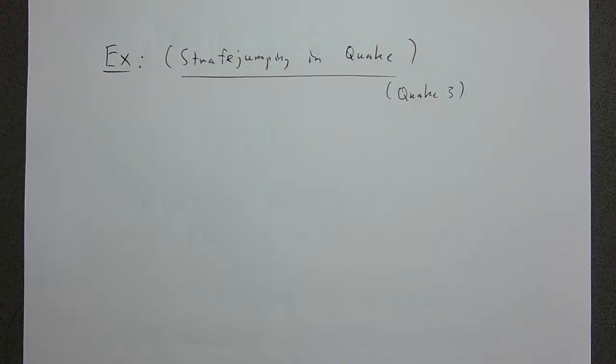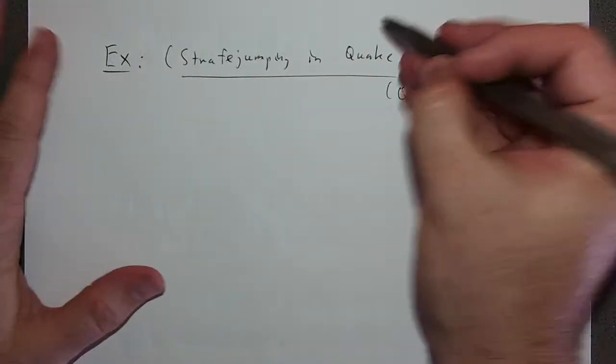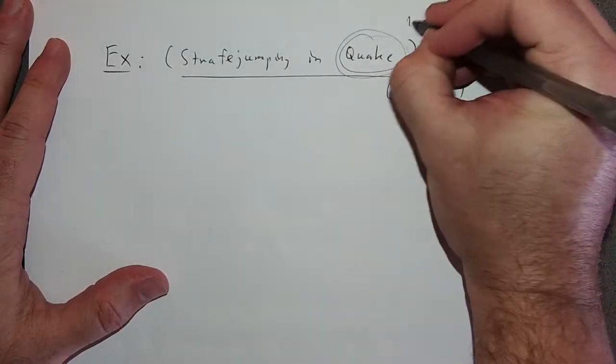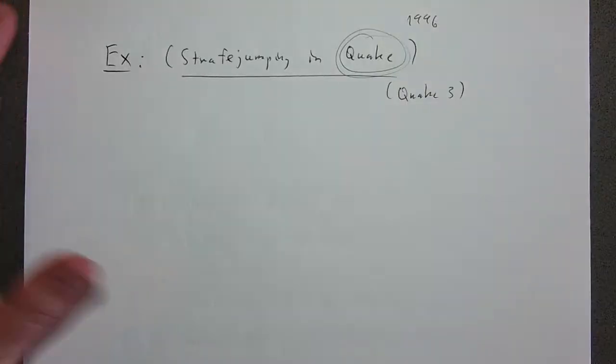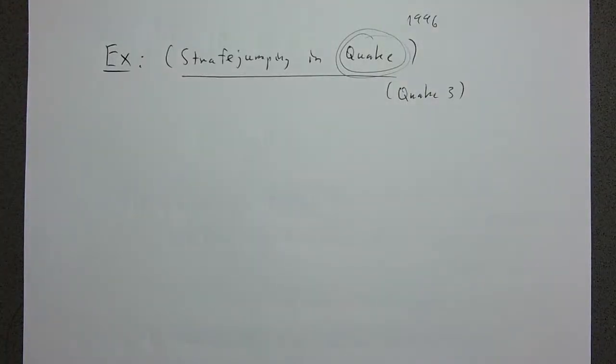But the thing is that there arise problems when you are trying to do this, and it is relevant to note here that Quake is 1996, so this was one of the first truly 3D games. It might not be exactly the first, but it's one of the first truly 3D games.